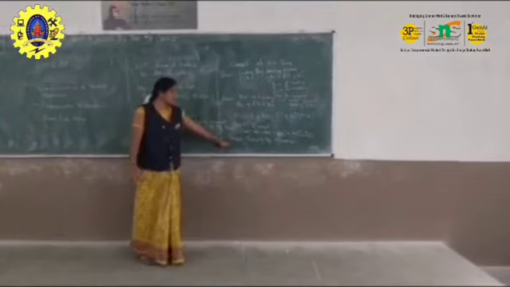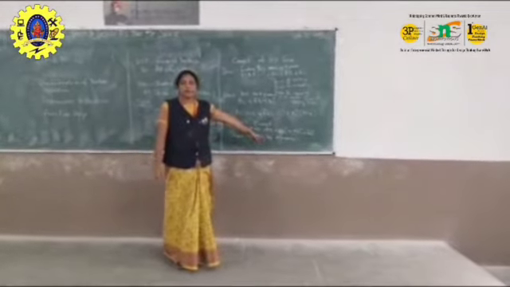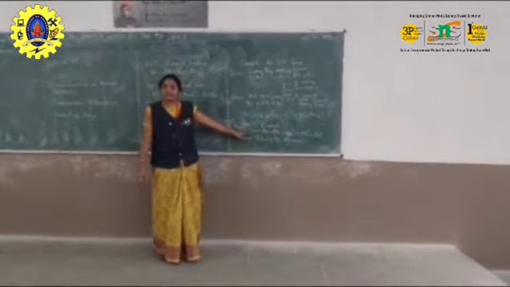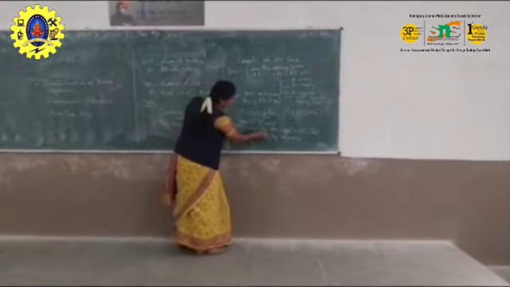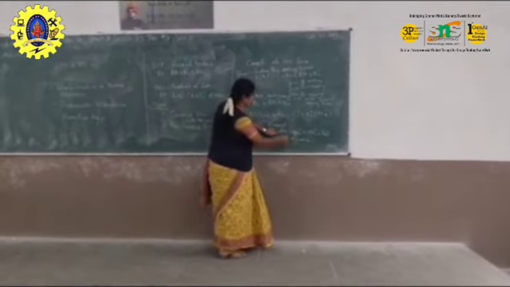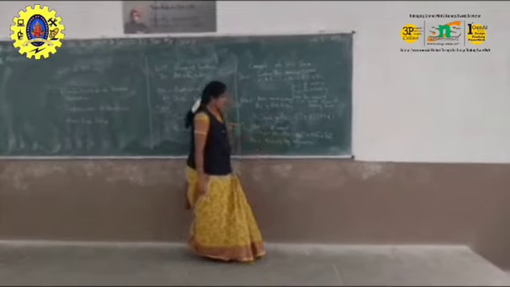The last step is reducing the expression by omitting the repeated terms. Is there any repeated term here? A bar B C bar appears twice. So instead of writing it twice, we can write it just once.